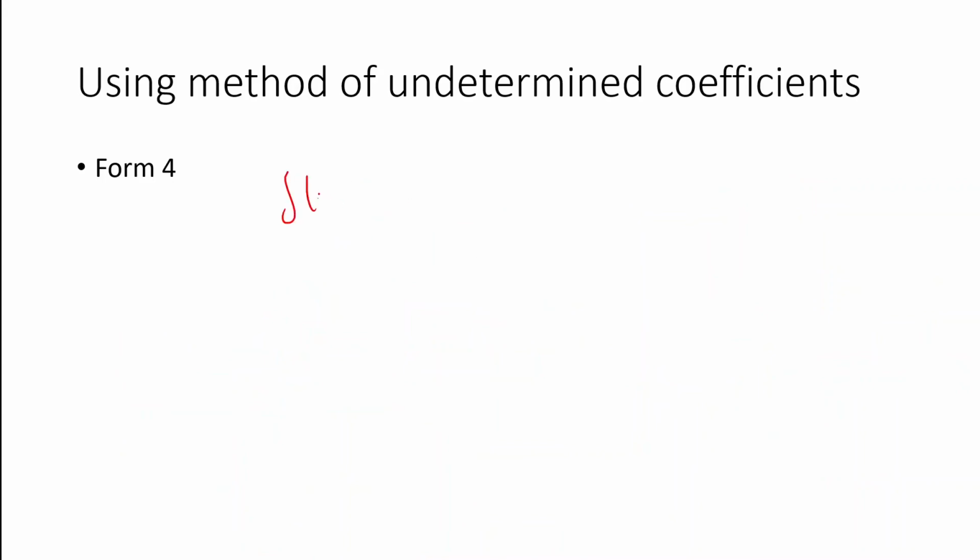Fourth form, f of x is equal to e power ax times v, where v is another function of x. If v is another function of x and it is times some exponential function, then we can solve the problem in the same manner we solved for just e power ax.